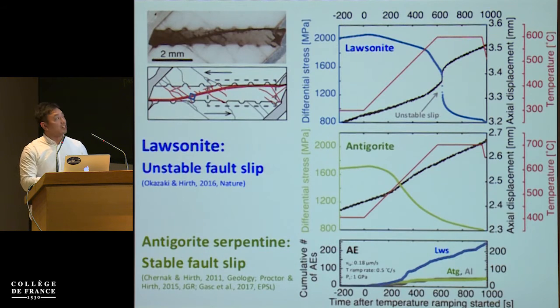So it's for lizardite and antigorite, and this is acoustic emission during the dehydration reaction. The vertical axis is differential stress, and the horizontal axis is time after temperature ramping started.